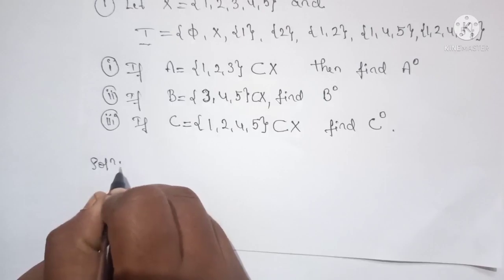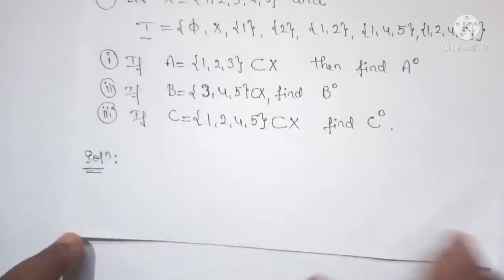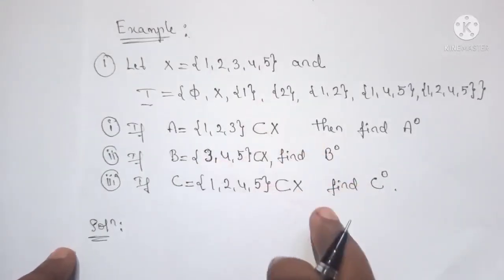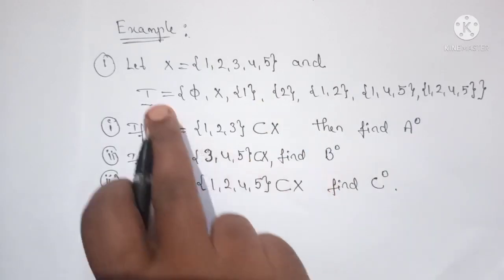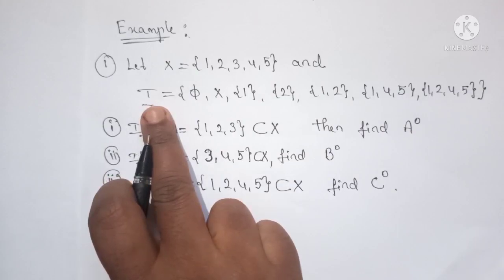Solution. First we write all the open sets, because to find the interior we need open sets. Open sets are nothing but those which belong to this topology. Open set means the subsets of X which belong to the topology.